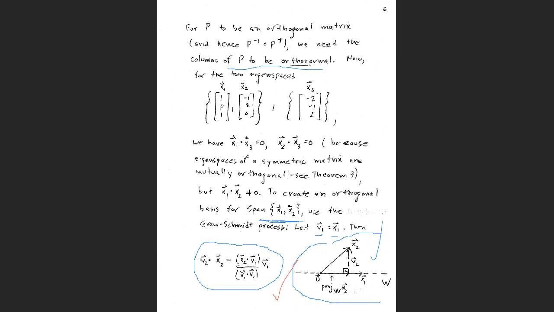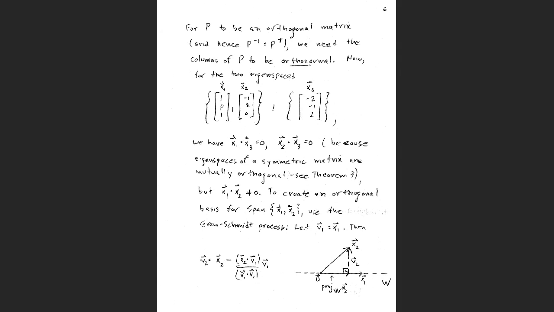To help me with Gram-Schmidt, I always like to draw a little diagram. It just reminds me how to do Gram-Schmidt. I have to find the projection of the vector x2 onto the subspace W. The subspace W is the space spanned by the eigenvector x1.